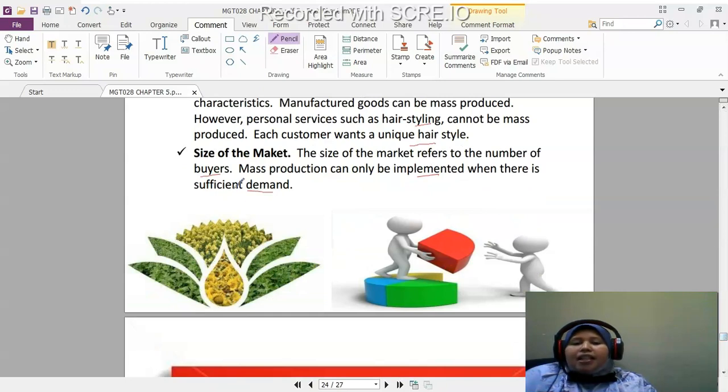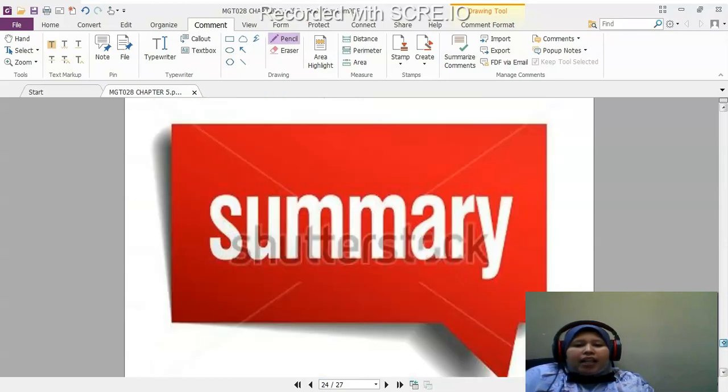So kalau nak buat produk dalam kuantiti yang banyak, kena tengok juga size of the market. Ramai ke tidak orang yang nak beli. Kalau ada company besar yang nak beli dan minta kita supply, that is the first reason kita kena buat dalam mass production, dalam kuantiti yang banyak.